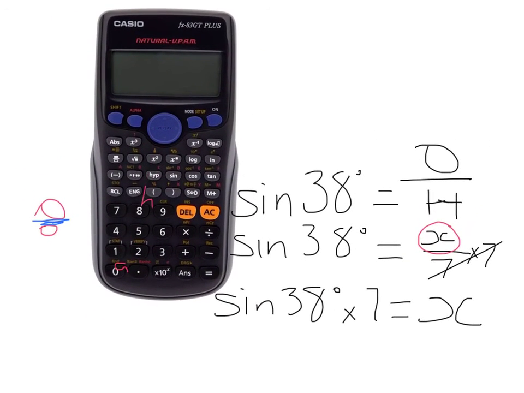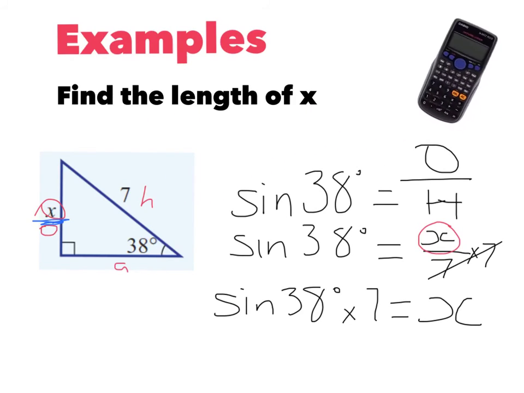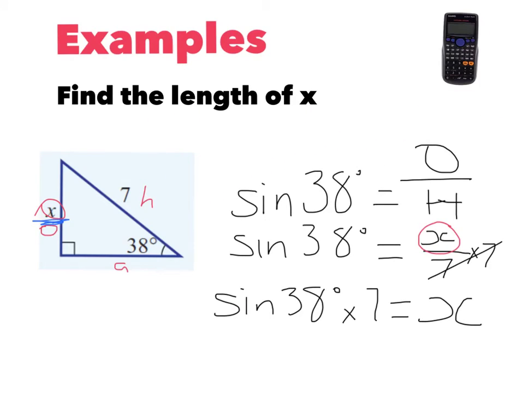Now, let me see if I can work this out. Let's put our calculator over there. If we do that big long calculation, we get an answer on our calculator of x equals 4.30963 and so on. We're going to round that to 2 decimal places.